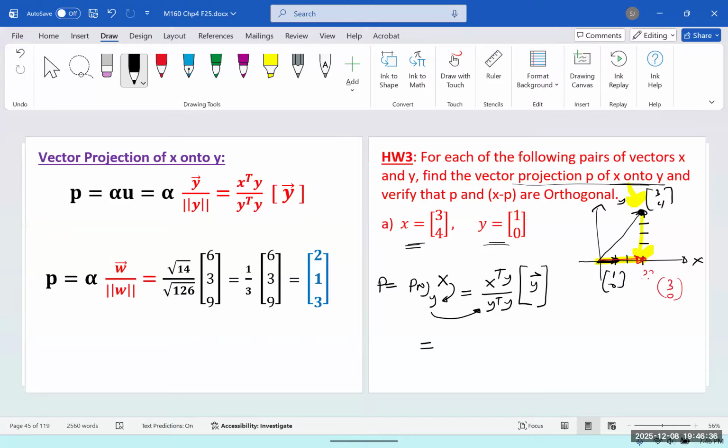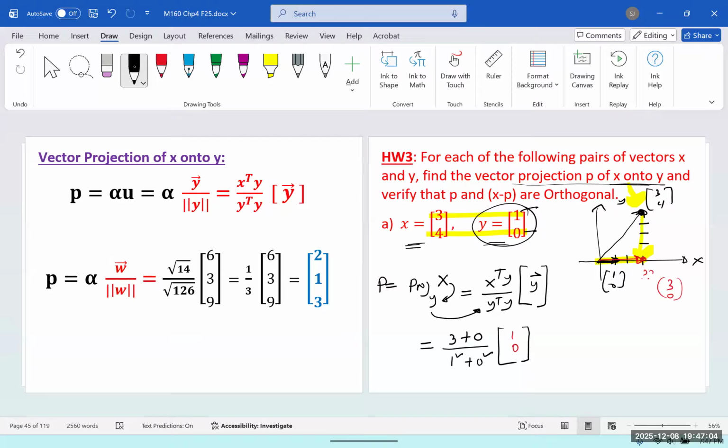So x transpose y means you're multiplying them element-wise. So you do 3 times 1, 3, plus 4 times 0, 0. And then y transpose y means you're squaring each element: 1 square plus 0 square. And then our y vector is 1, 0.